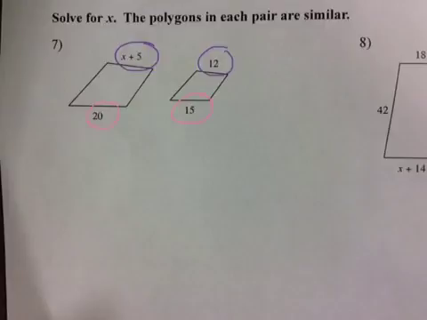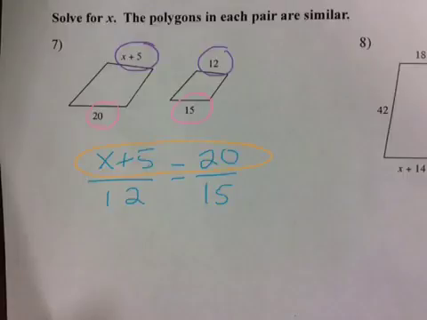Okay, so I'm going to go x plus 5 over 12 equals 20 over 15. Again, remember that you have to match up the tops.